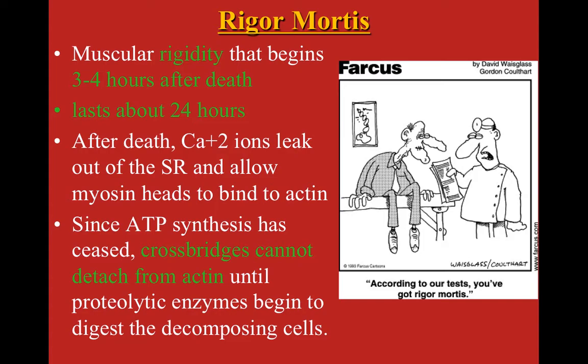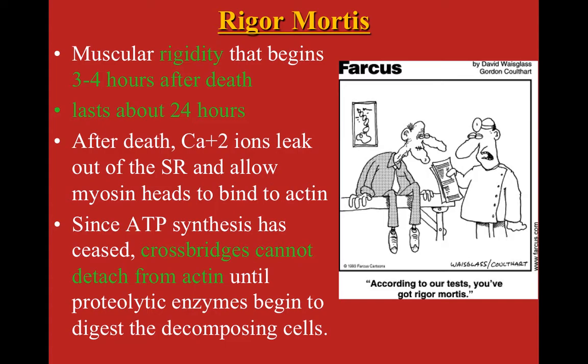The concentration is lower outside of the sarcoplasmic reticulum, so the calcium ions are going to leak out into the cytosol, or into the fluid of the cell. And then what's going to happen is those calcium ions are going to bind to the myosin heads and then bind to actin, because what does a calcium ion do?